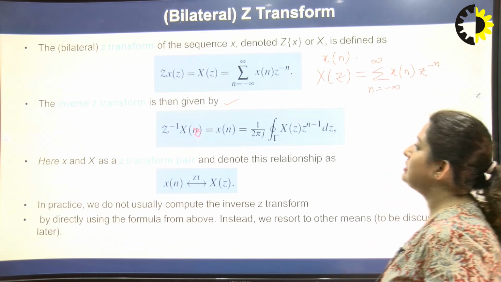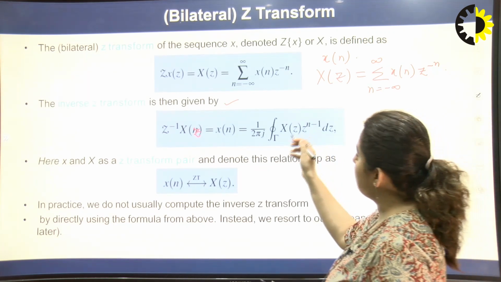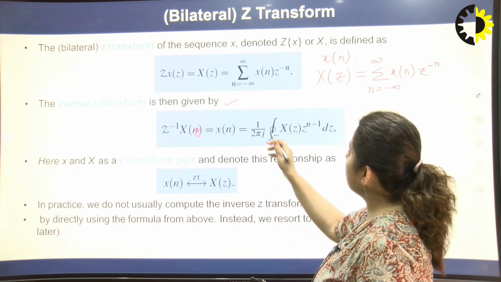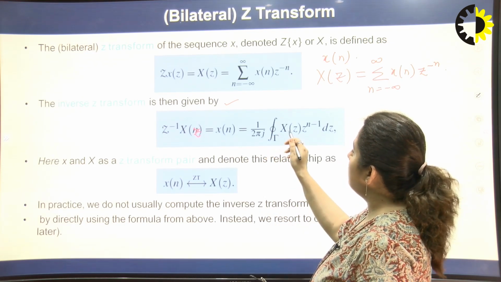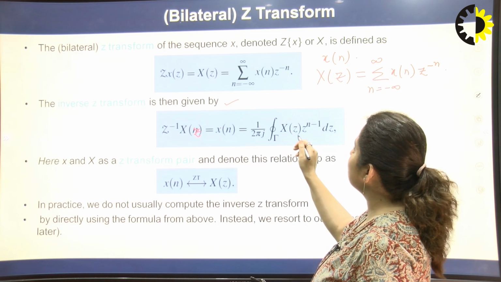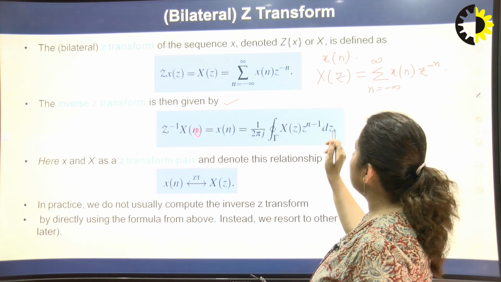In the same way, the Z transform has an integration over a 2 pi period. So it is 1 upon 2 pi j, closed contour integration of X of z, z to the power n minus 1 dz.